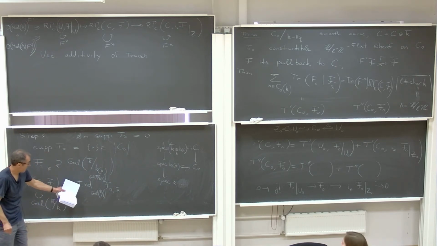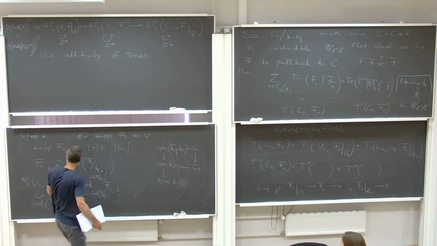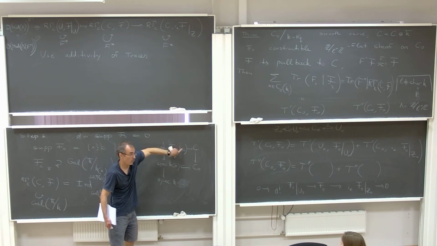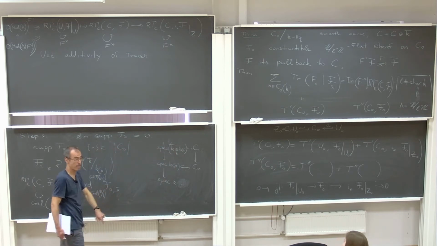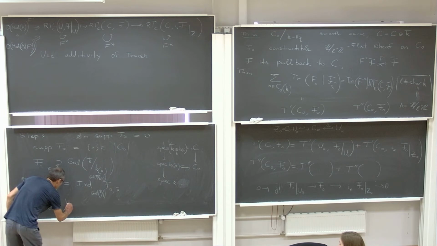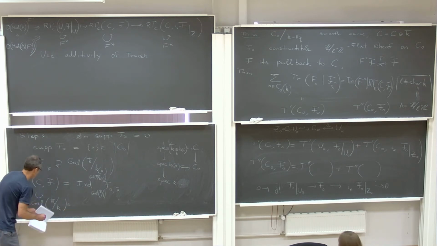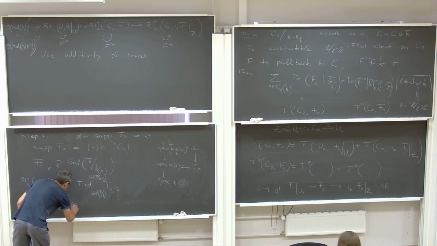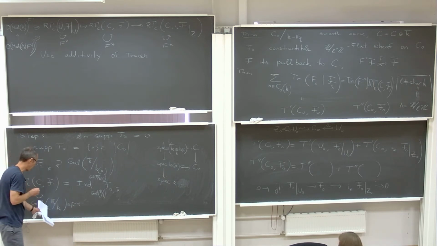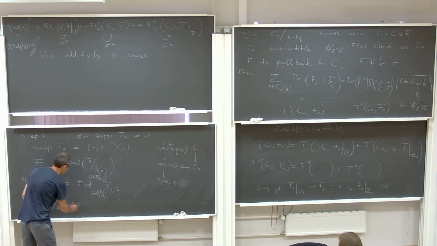So as a lambda module, this is the sum of these guys over points here, over geometric points lying over X. And in particular, I have here my Frobenius, so I will rather call it the geometric Frobenius, which is inverse to the arithmetic one, which is the generator of this.